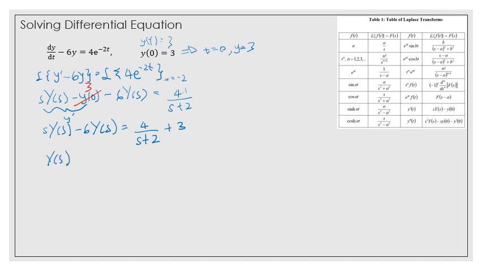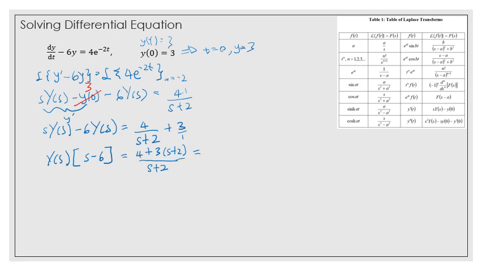So Y(s) we will have (s − 6). Okay, so that when we factorize, we can bring this one to the right side. Before we bring it to the right side, equate the denominator first. So we have (s + 2), so 4 plus 3, this one over 1. So we need to multiply by (s + 2) also, up and down.